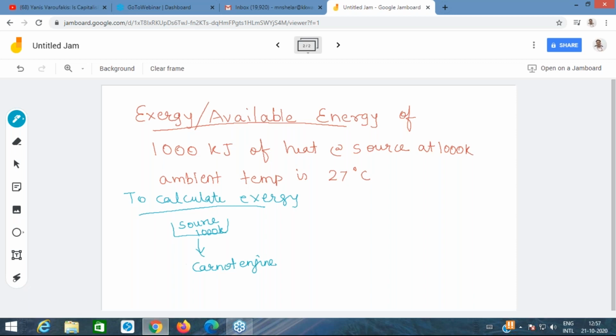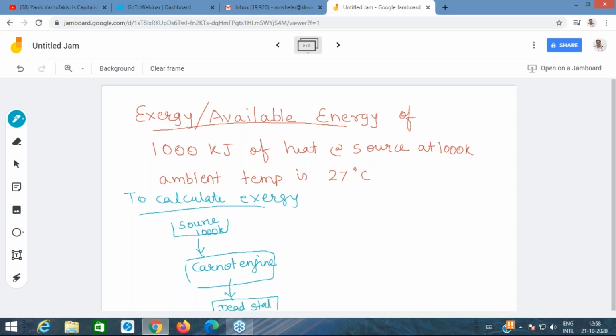and this Carnot engine would reject certain heat to the surroundings, which is at the ambient, dead state temperature.